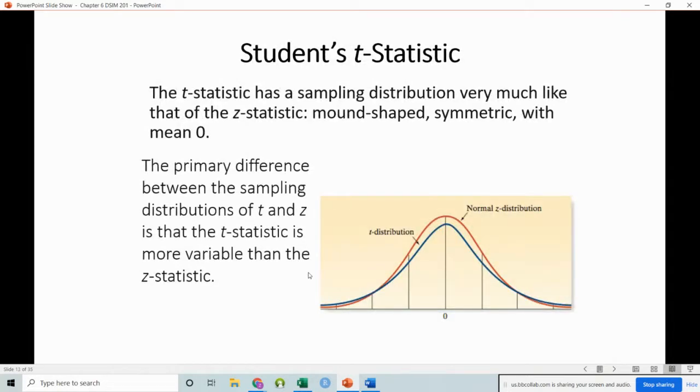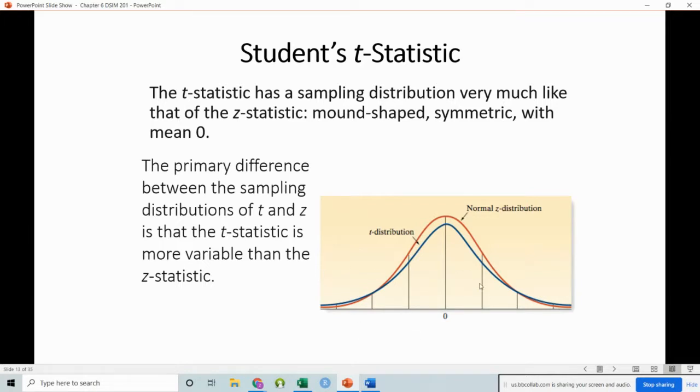The t statistic has a sampling distribution very much like that of the z statistic. It is mound-shaped, symmetric, and has a mean of 0. The primary difference between the sampling distributions of t and z is that the t statistic is more variable than the z statistic.